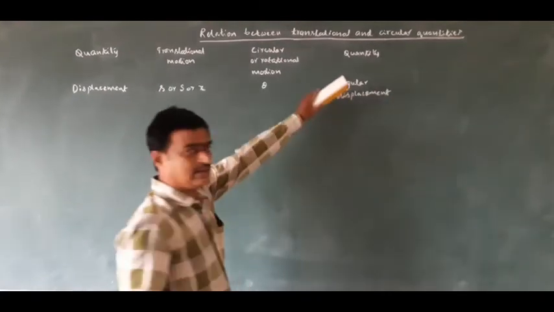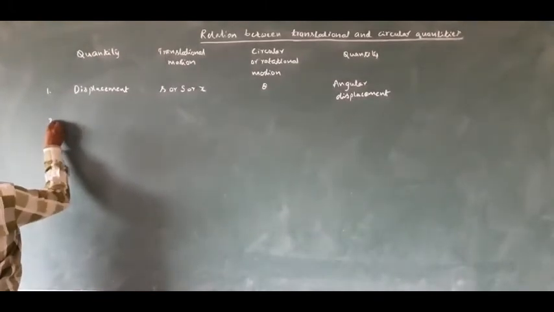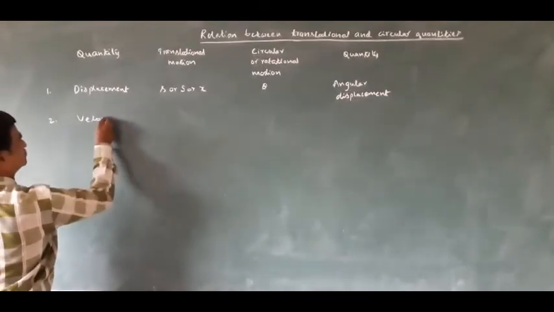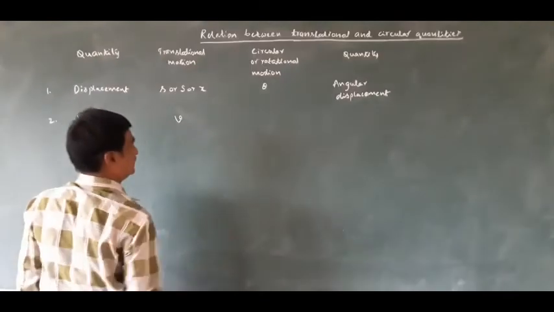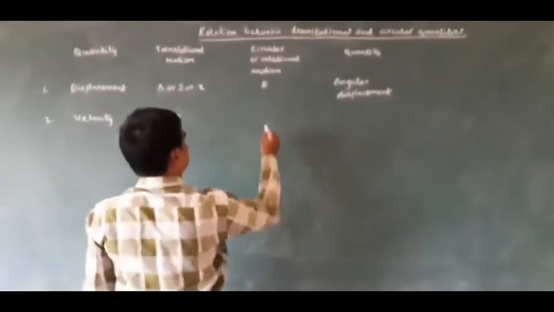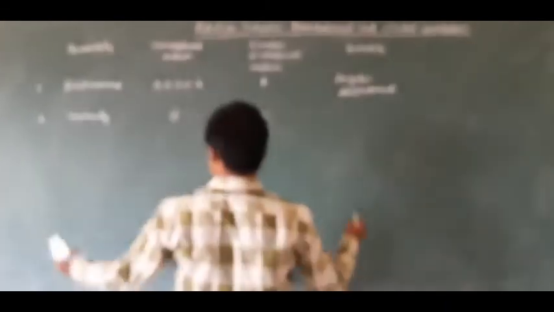This is angular displacement. Okay, this is the first one. The second one is velocity. It is V. This is omega. This is angular velocity.